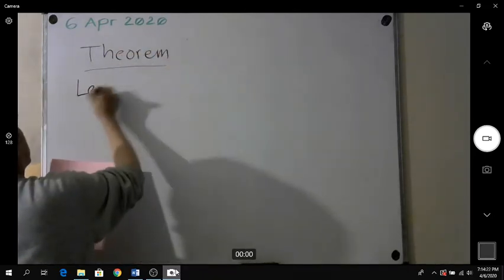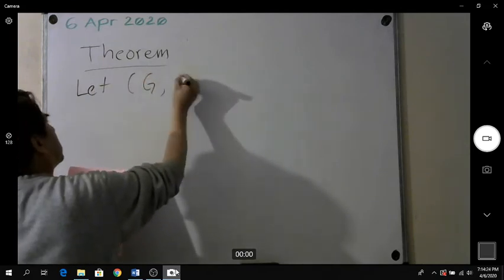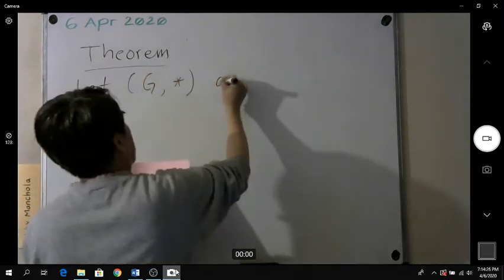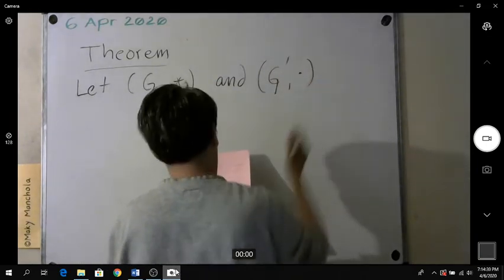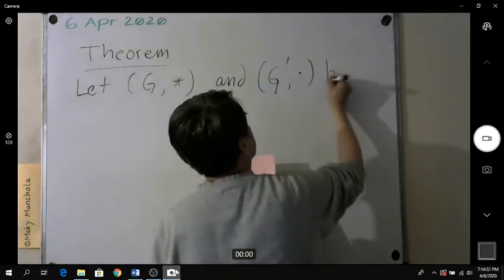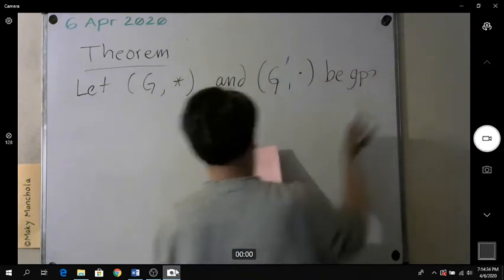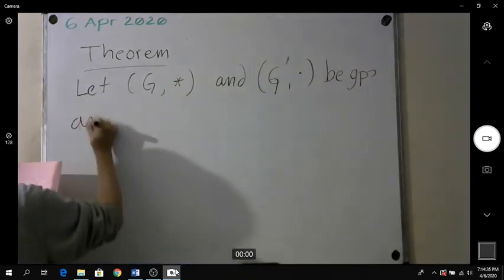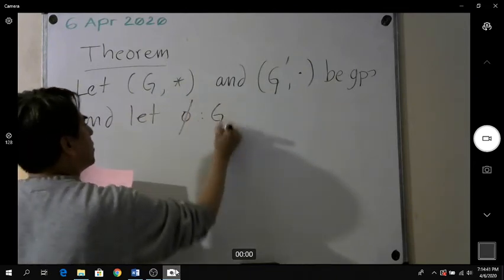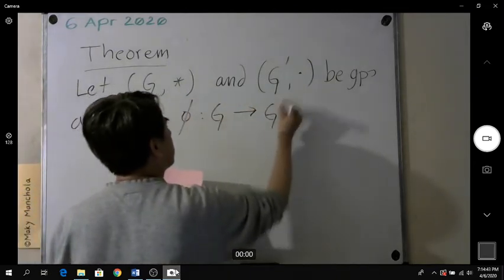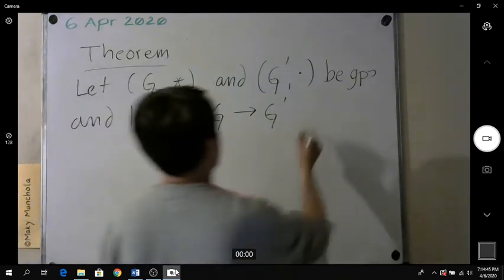So let G star and G prime dot be groups, and let phi from G into G prime be a group homomorphism.